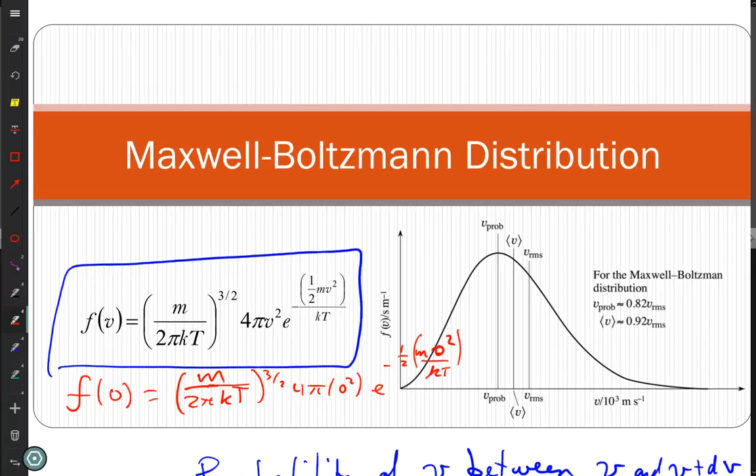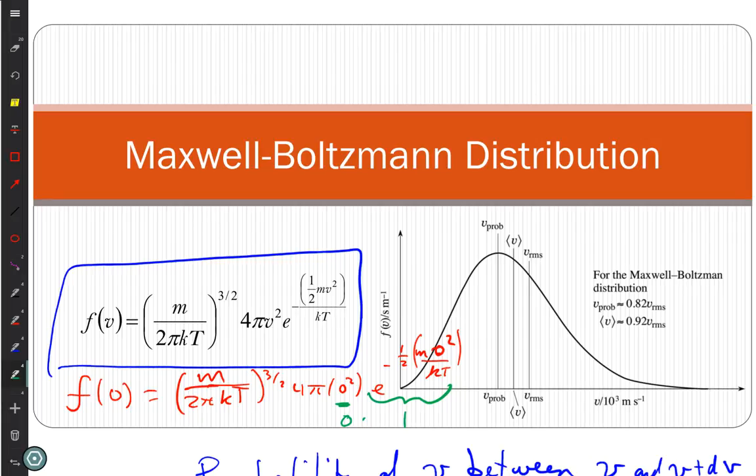So that exponential is e to the 0. What's the value of e to the 0? 1. So that's going to be a 1 for this piece right here. But then this here is multiplied by 0. So 0 times 1 is 0. So the probability of having a speed of 0 is 0. You can't have a particle at rest, according to this. You can get vanishingly close to at rest, but you can't have it at 0.